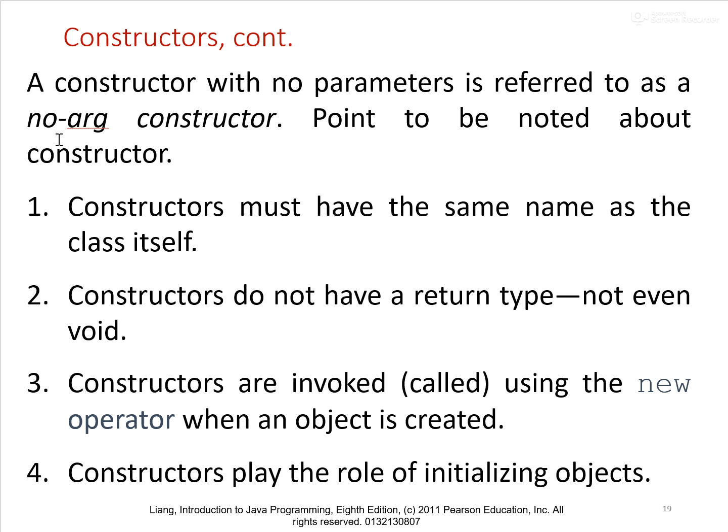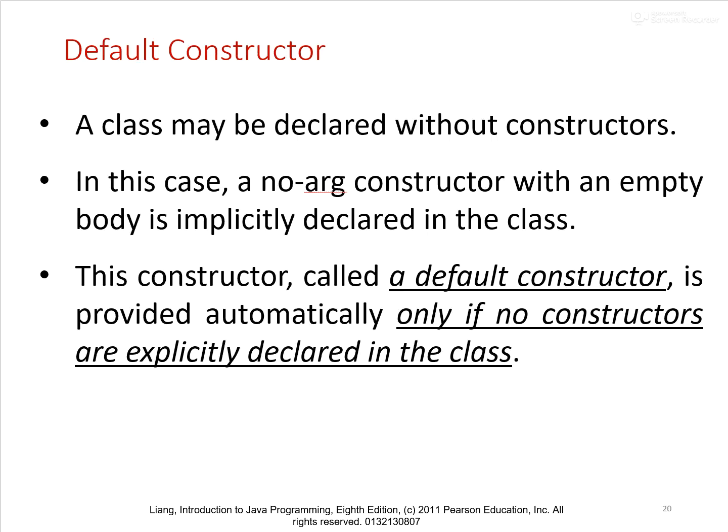In that case, when you compile your program, the Java compiler will add in one constructor anyway. It'll be a constructor that contains no code, that doesn't do anything. And that constructor has a special name. It's called the default no argument constructor. So whether you write one or not, your class always has a constructor. You get the default constructor whether you write it or not.